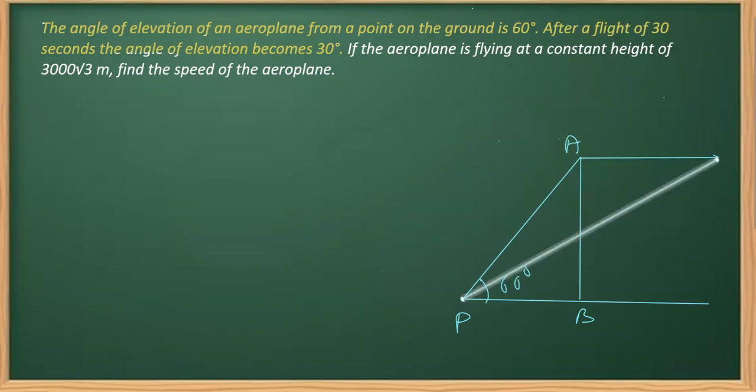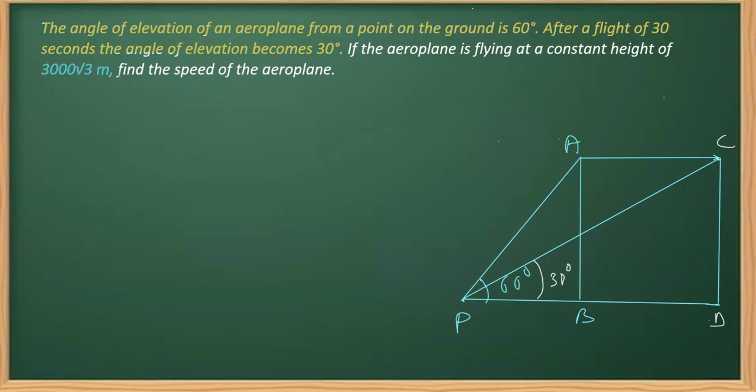So next, this is the new angle of elevation. I should first make a vertical line touching the ground. All right. So the new angle of elevation here changes. This one is 30 degree. Say AB and CD will remain the same as the height of the plane is the same throughout.